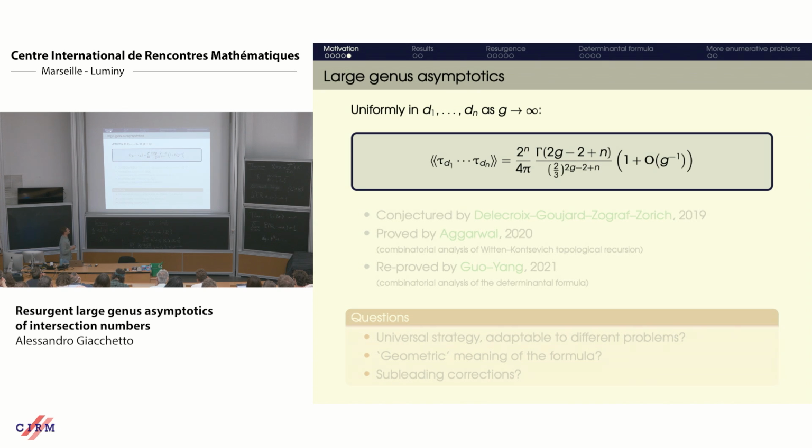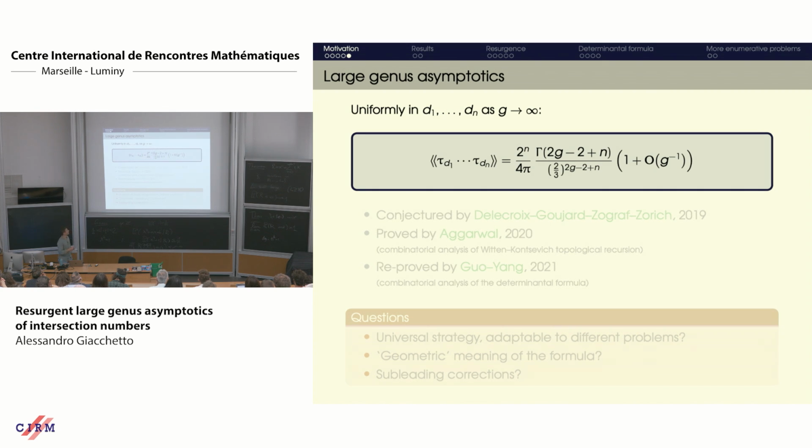The statement here is that the large genus asymptotics of these intersection numbers is given by a formula like this. You have an overall constant in g, which is 2 to the n divided by 4 pi.